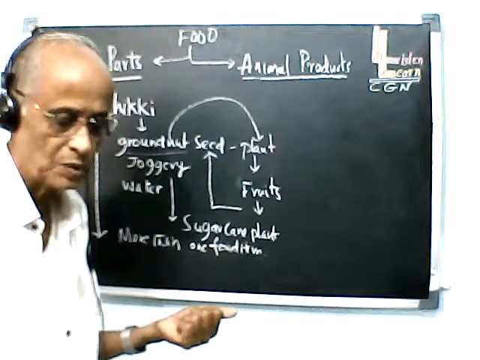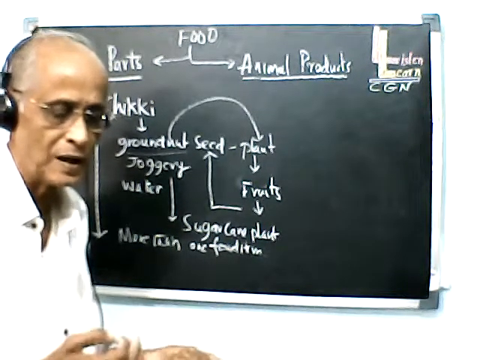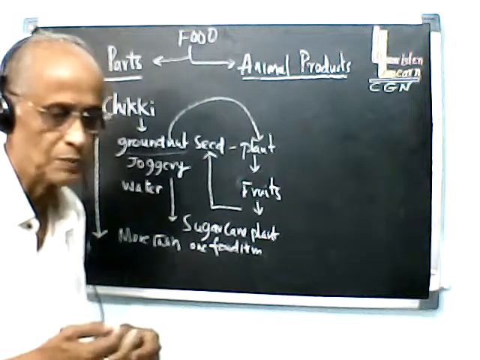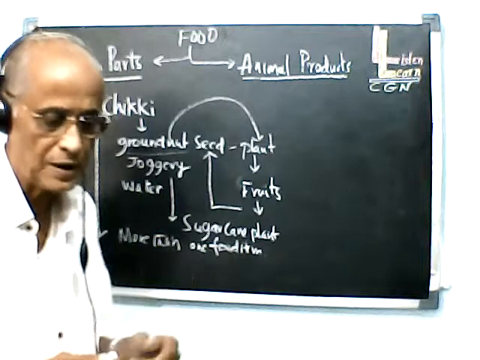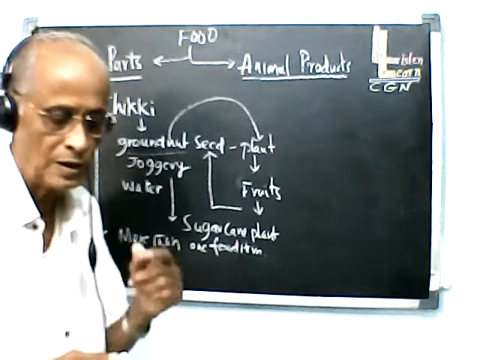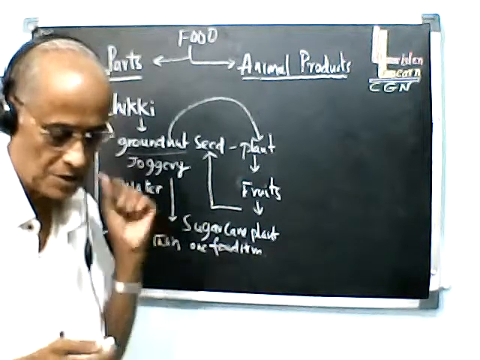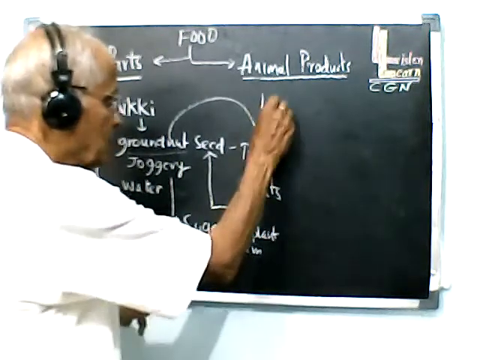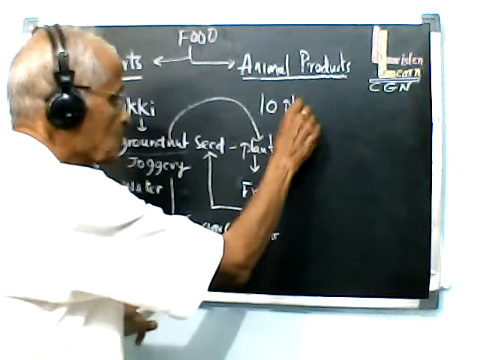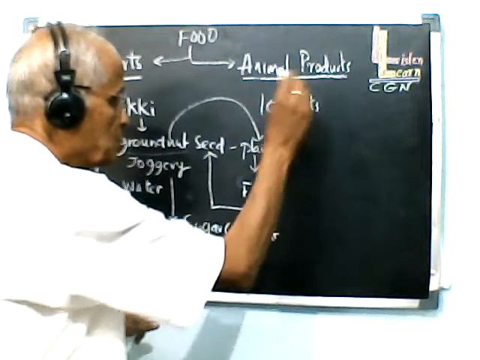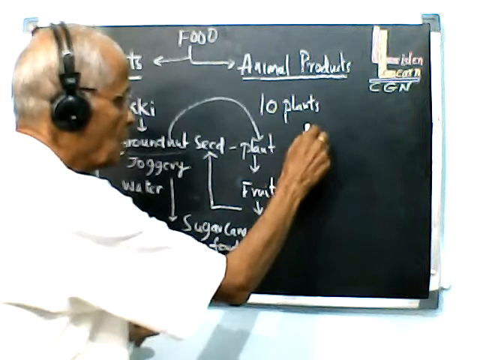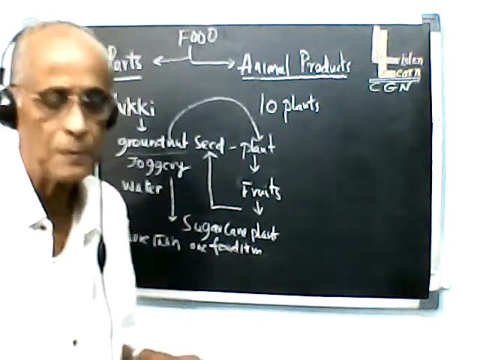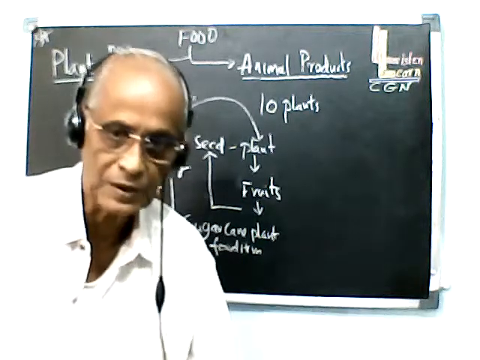So that means every plant has different parts. Each part is useful. Now I would be quite happy if you take down one question and try to answer it. You name 10 plants. You have to write names of 10 plants in your exercise book and write down which part of the plant is useful and how many products are made from that particular plant.